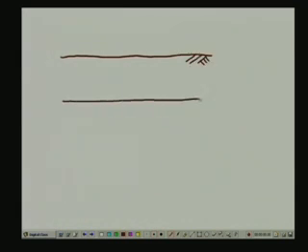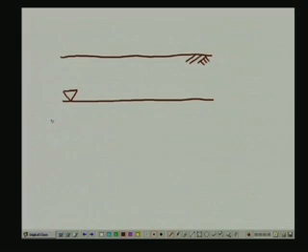Let's say we have a phreatic aquifer, a flat phreatic aquifer without an appreciable slope.